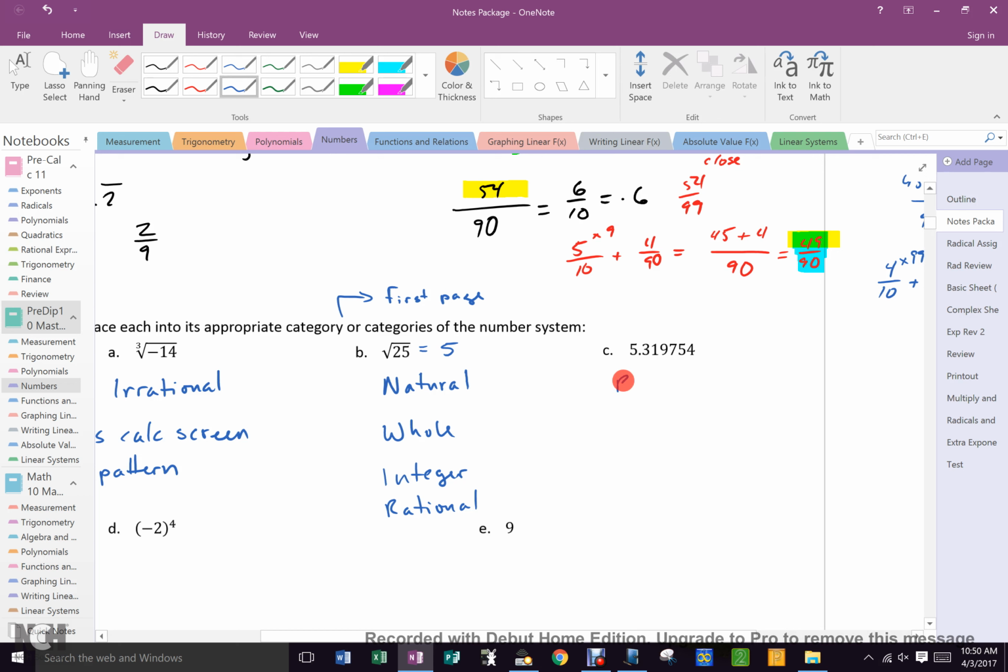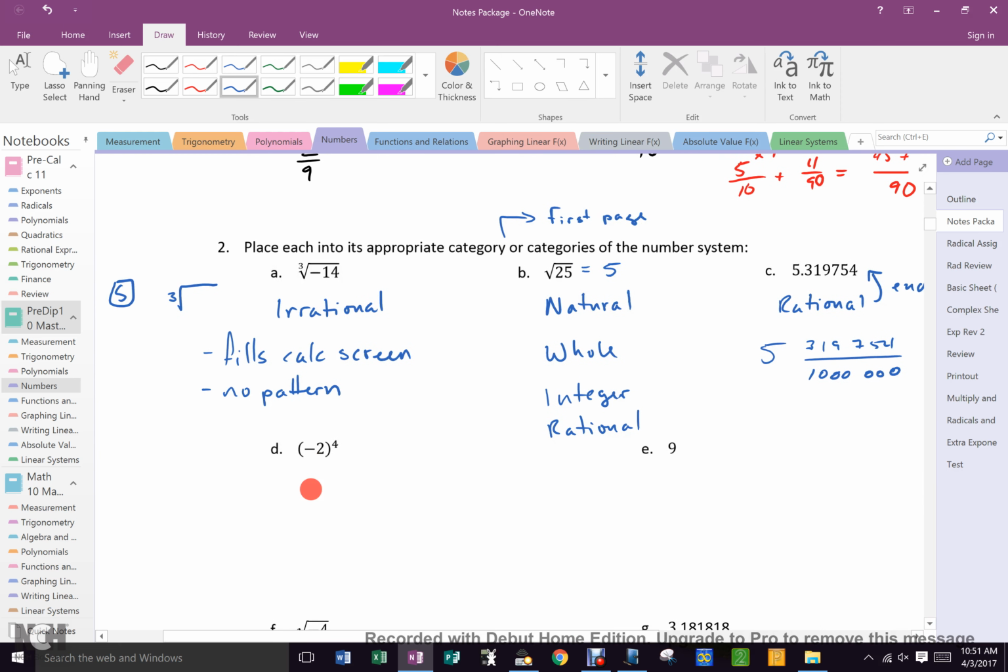So this is rational. Why? Because it ends. This is 5.319754 millionths. Understand? Everybody cool with why this one's rational? It's because it ends.